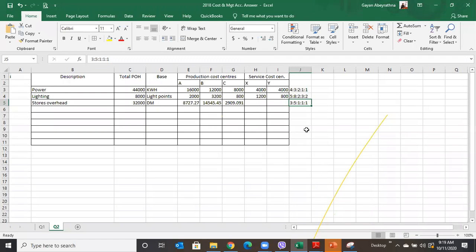Ratio 2, 4, 4, 3, 3, total 16. Equals 32,000 divided by 16 into 2.